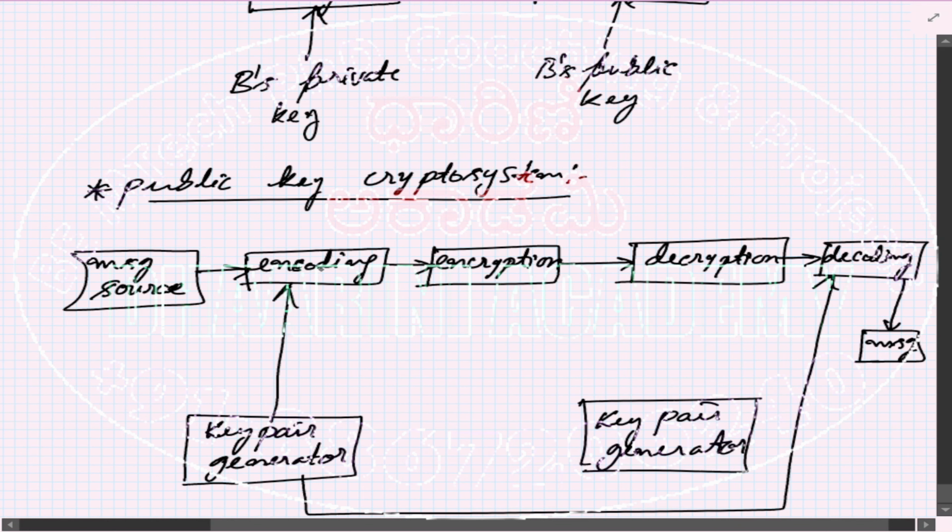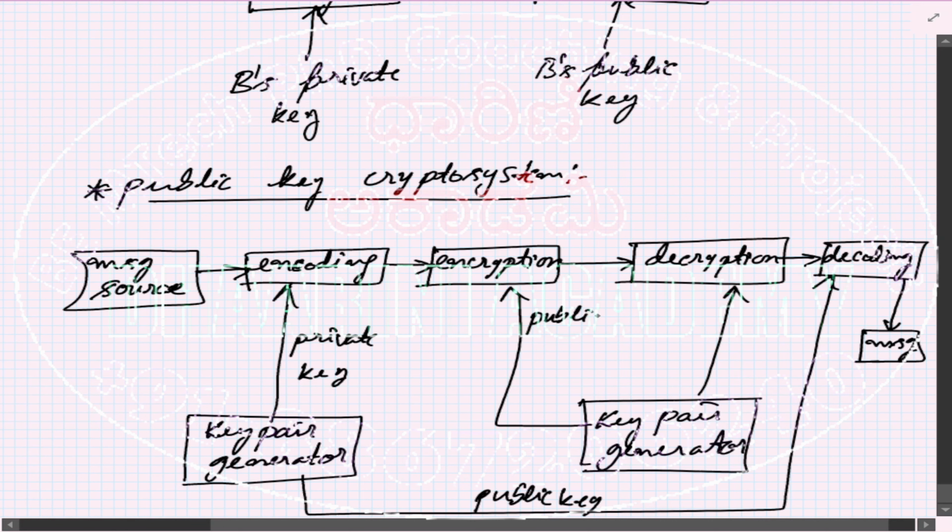The key pair generator sends the private key over here and the public key to the other side. At the same time, the other key pair generator also sends two keys, correct? But it is going to send the public key to this side because this is encryption.